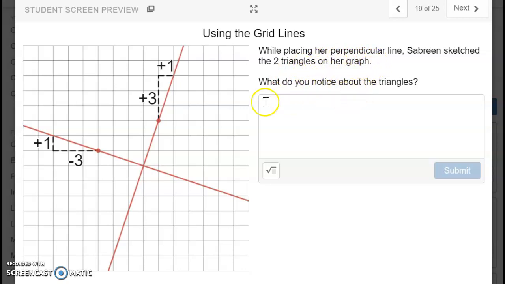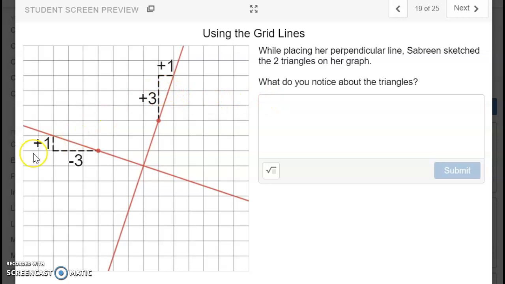All right, then while placing the perpendicular lines, Sabrina sketched the two triangles on the graph. What do you notice about the triangles? These are the slope triangles, right? So she said that it was +1 here and then +3 here. Here she's going to the left by 3, going up by 1. So it's -3, +1. What do you notice about the triangles?